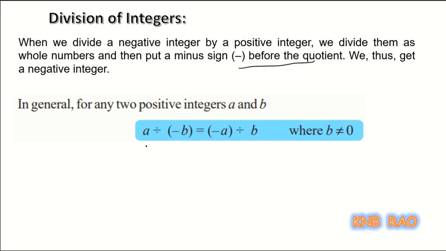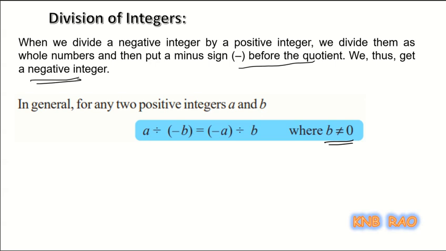That is what I mentioned. When a positive integer is divided by a negative integer, or a negative integer divided by a positive integer, provided the divisor is a non-zero integer, it results in a negative integer as a quotient.